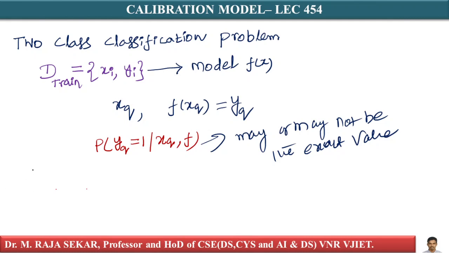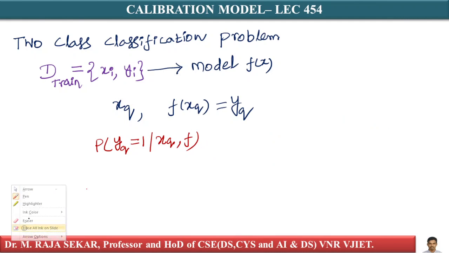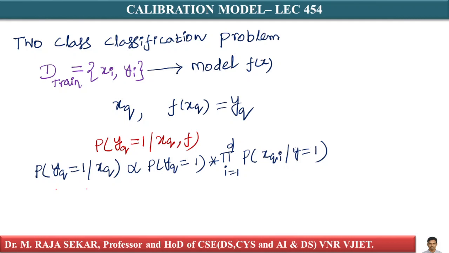If you take the naive-Bayes classification algorithm, just try to recall it. What does naive-Bayes do? Probability of yq equal to 1 given xq is proportional to probability of yq equal to 1 multiplied by the product from i equal to 1 to d.